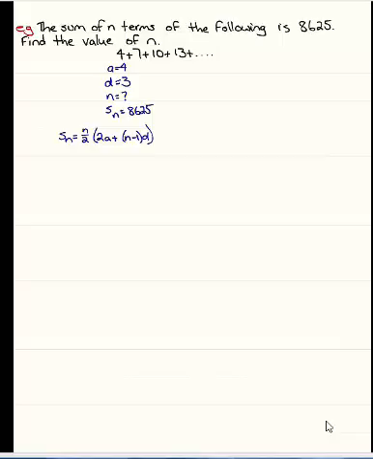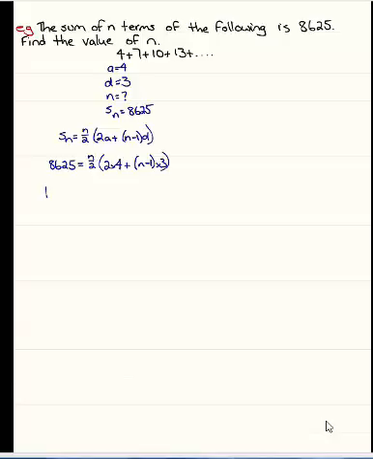Now let's start substituting in. So we know that 8,625 is equal to n over 2 outside of 2 times 4 plus n minus 1 times 3. That's getting pretty familiar by now, I hope. Now I've got a fraction. I don't like solving equations with fractions, so I'm going to double it, get rid of my fraction from the start.